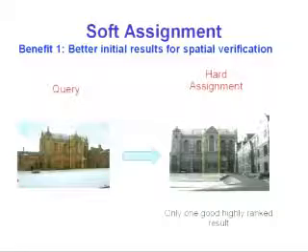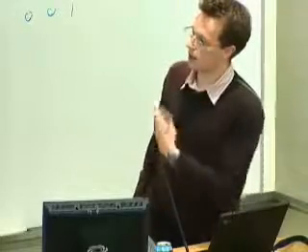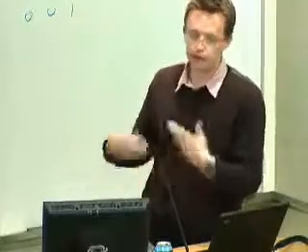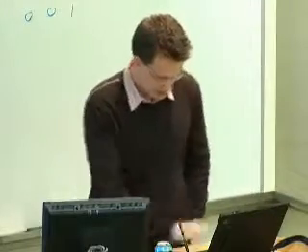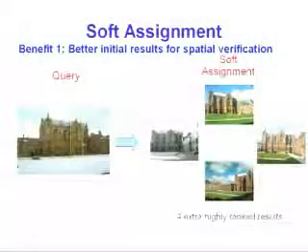So empirically, this gives us two benefits. The first is that we just get better initial results, which are ranked higher initially, and then the spatial verification picks them up. So for hard assignment, for this query on the left, we got only one good highly ranked result. But soft assignment gave us 3 others.